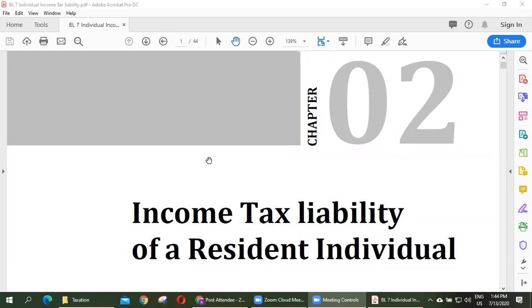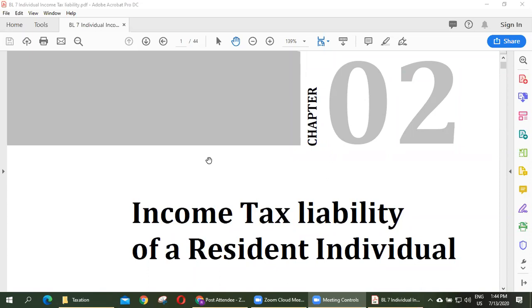That is income tax, and the indirect tax. VAT and other taxes are indirect tax. As I said earlier, income tax is the major area in our syllabus. Therefore, our focus is mainly on income tax.